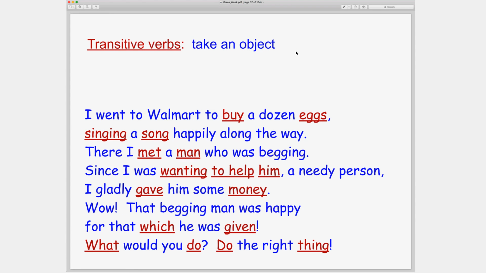Transitive verbs take an object. So a transitive verb is a question in the chat. Since I was wanting to help, I'm just addressing the chat, help him, a needy person, I gladly gave him some money.